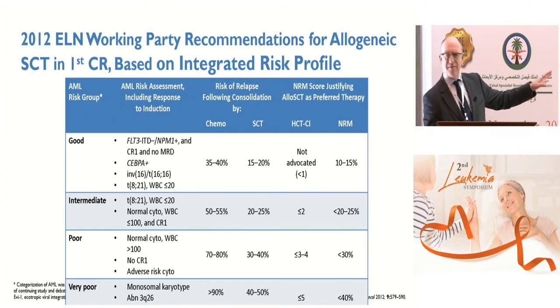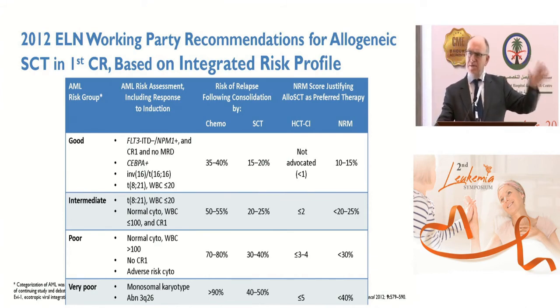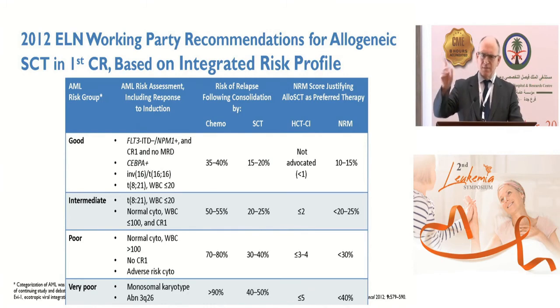If you have a patient with good risk cytogenetics, their risk of disease relapse, if treated with chemo, is about 35 to 40% if they're younger, all right? So if you transplant them, you're going to halve that.